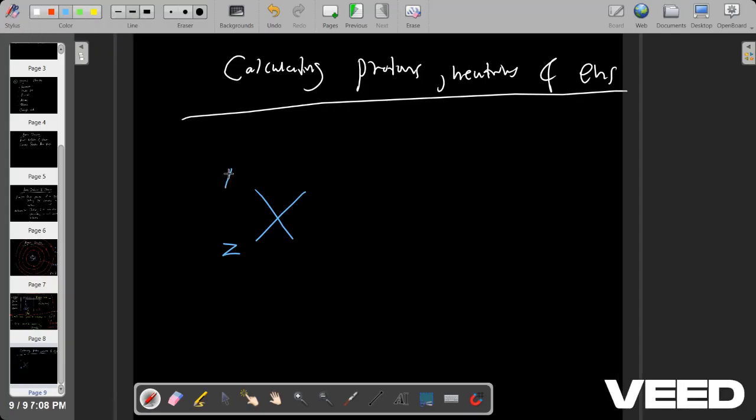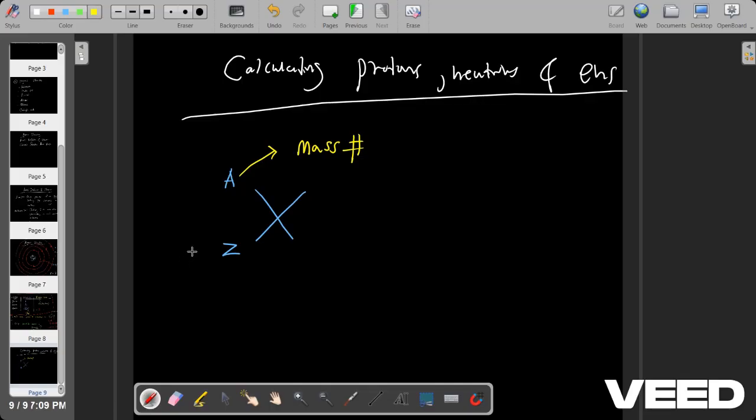I'm going to call it A. And it has a meaning. Now here, this number is called the mass number of the element.